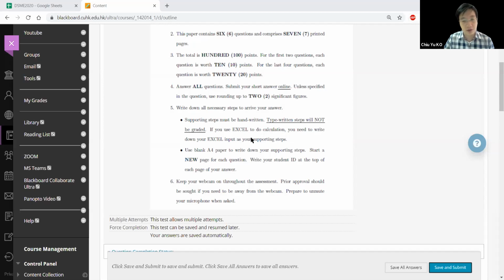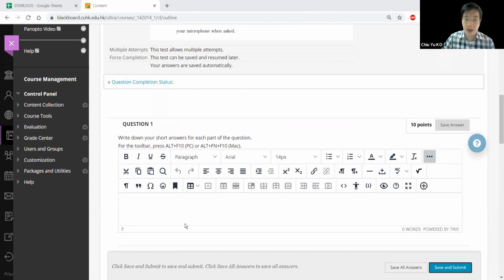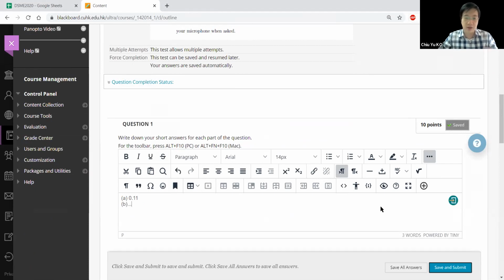If you use Excel to do calculations, just write down the Excel input. Write on blank A4 paper, which is easier to see than paper with lines. Try to write a new page for each question. Keep the webcam on while you are writing. For A, maybe the answer may be 0.11, then just do it this way. B is still like this, and then just write the short answer here.